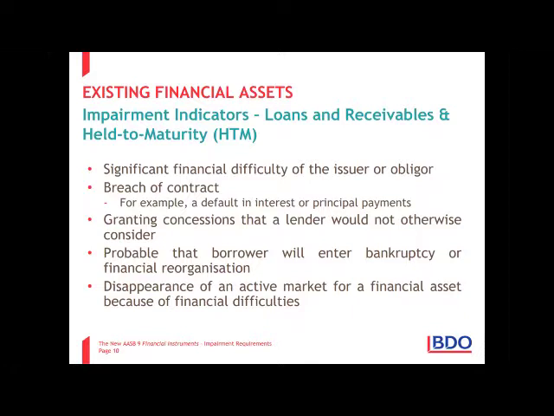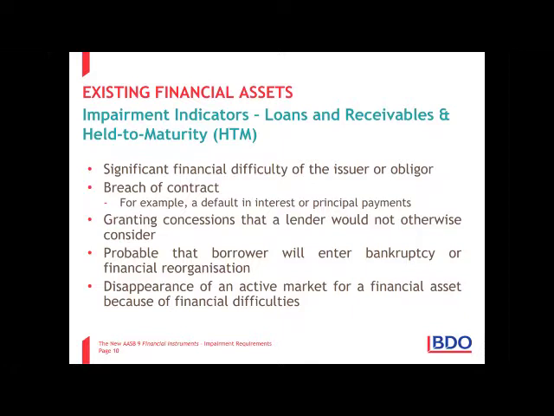There could be a breach of contract, for example, a default in interest or principal payments, or we could be granting concessions that a lender would not otherwise consider because they're experiencing financial difficulty, and because we ultimately want to get our money back, we give them certain concessions. So again, that is an indicator of impairment.